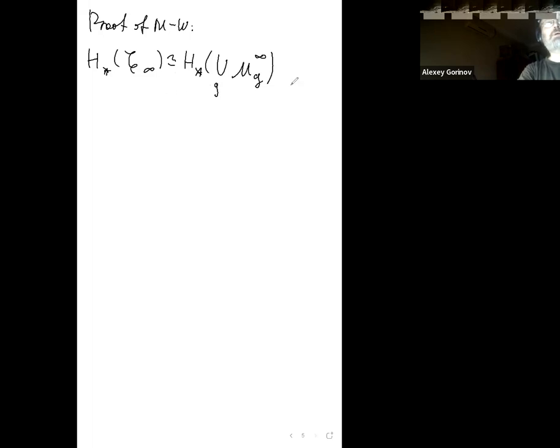Okay. Well, the first step is to replace C infinity by the union of M_g infinity.